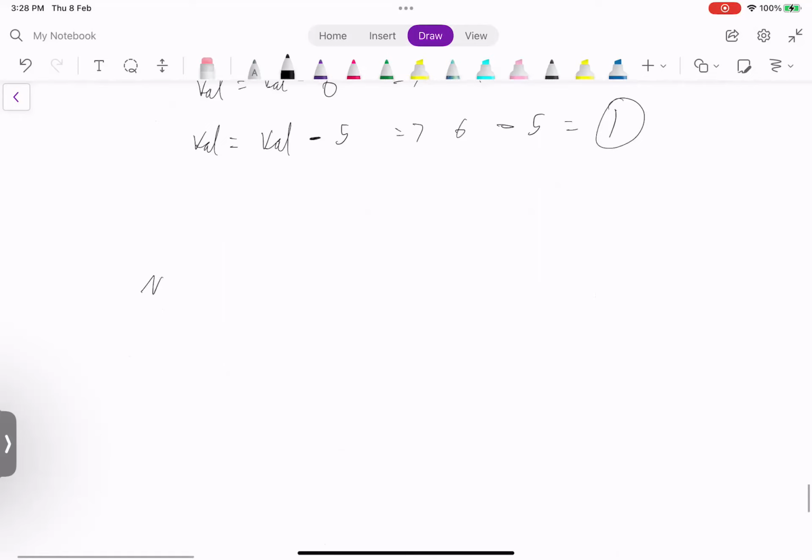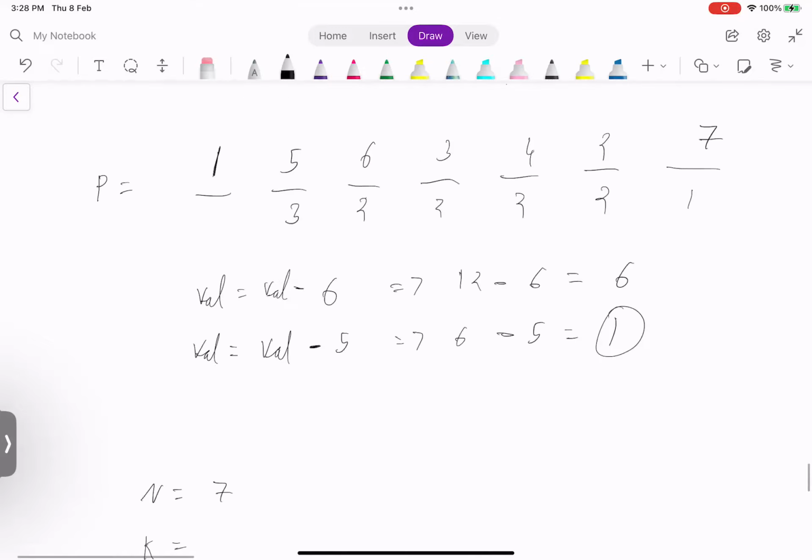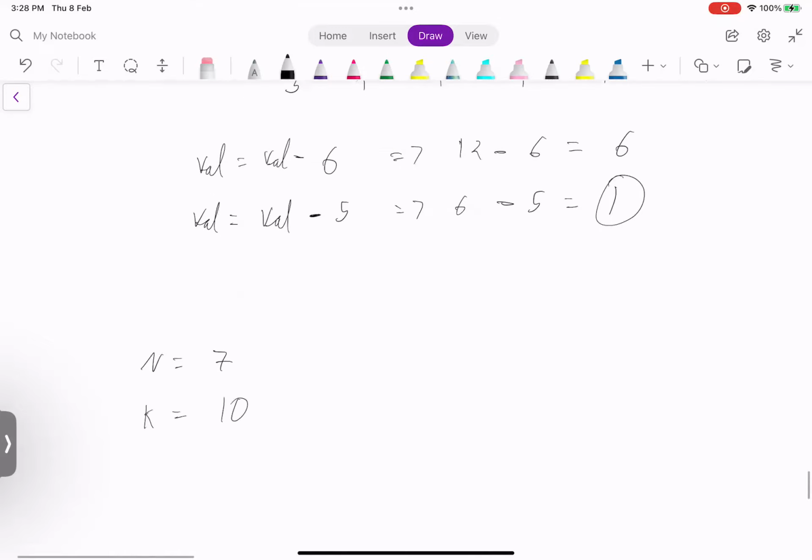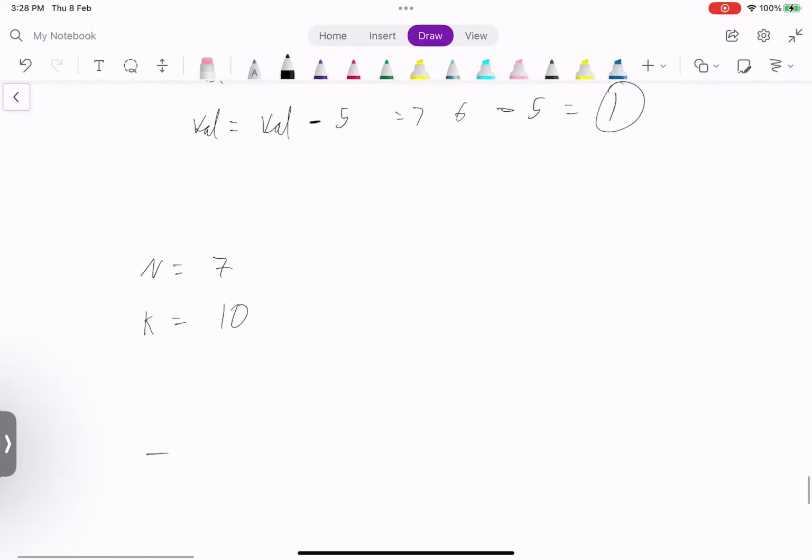So now similarly, let's try out n equal to 7 and k equal to maybe 10, right? Let's see if this is possible or not. So we have a 1 here.